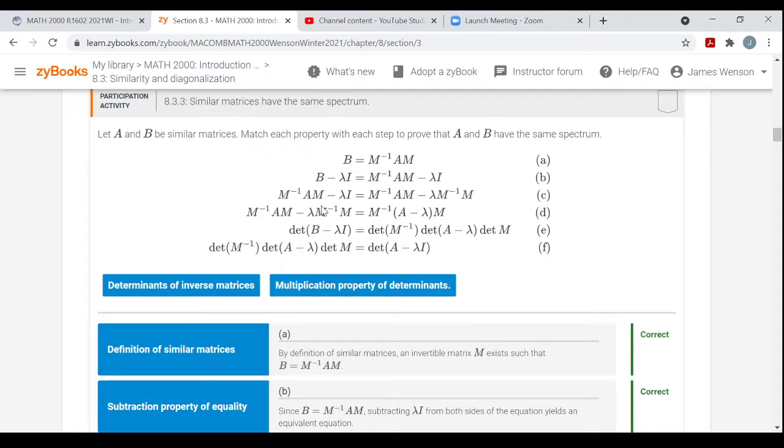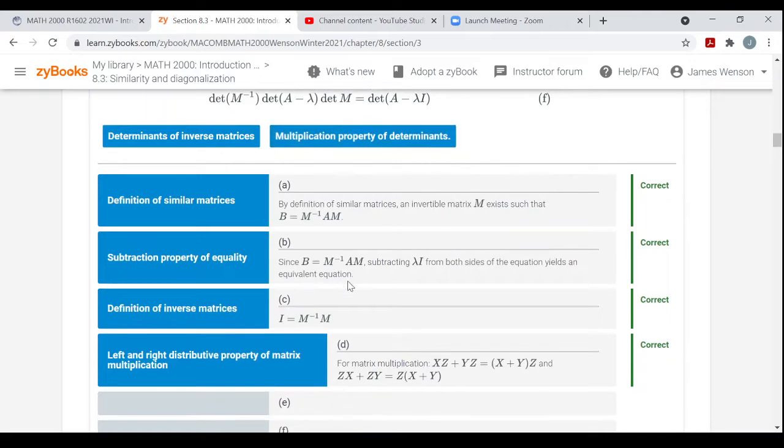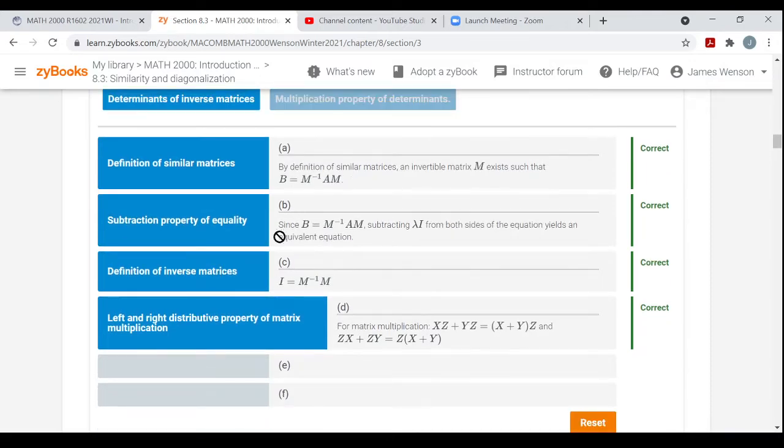So then taking the determinant of both sides, you have the determinant of B minus lambda I is equal to this determinant over here, which you can break up. Remember, the determinant of a product is the product of the determinants. That's this multiplication property of determinants.